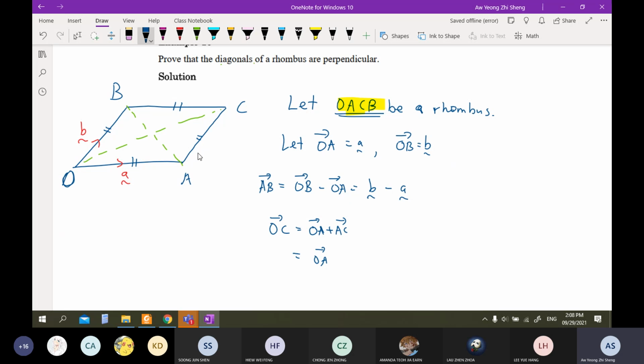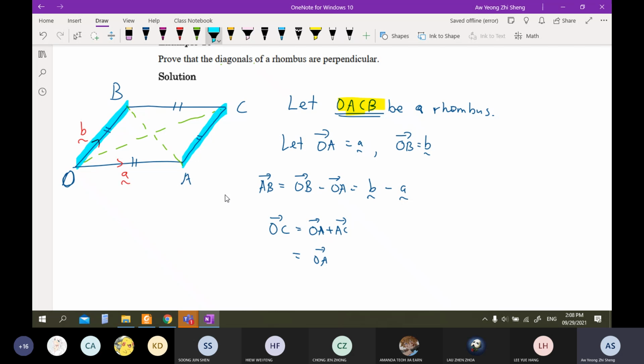But then I don't have a small letter for my vector AC. Recall that OB and AC are actually parallel in a rhombus. A rhombus is a special form of parallelogram. So AC and OB are guaranteed to be parallel. And from the way I draw it, AC and OB point in the same direction.